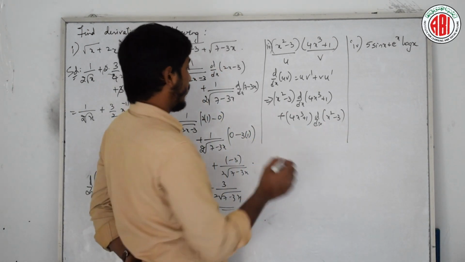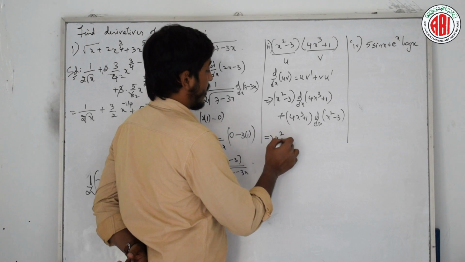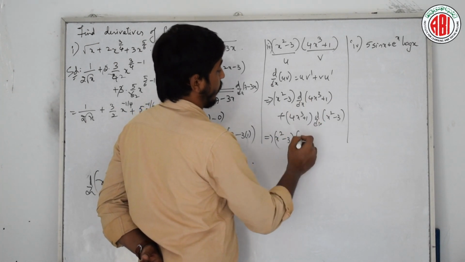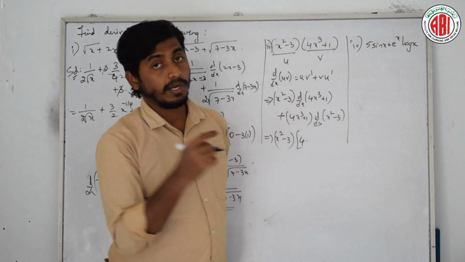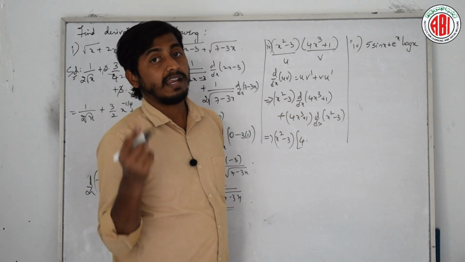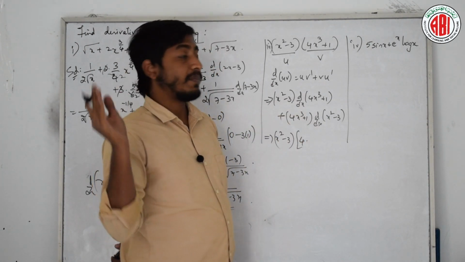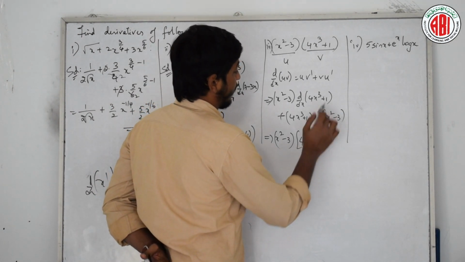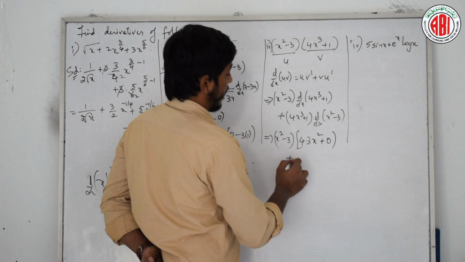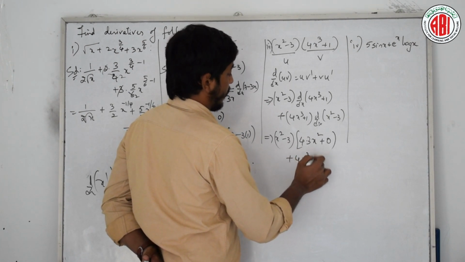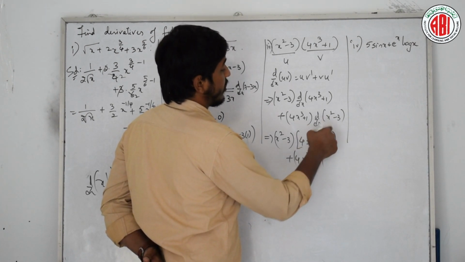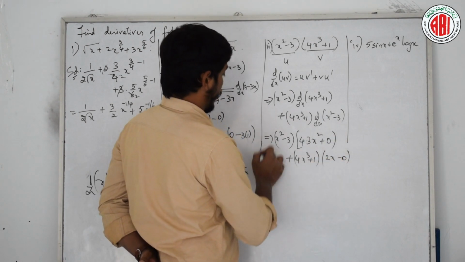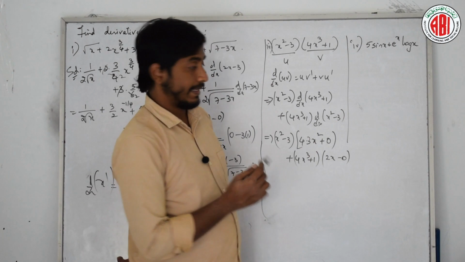Clear? See here, x square minus 3 into differentiation of 4x cube. Differentiation of 4 is 4, x cube, that is x power n, 3 into x power 3 minus 1, that is 3x square, plus differentiation of 1 is 0, plus 4x cube plus 1 into differentiation of x square, 2 into x power 1 minus 1, that is 2x.